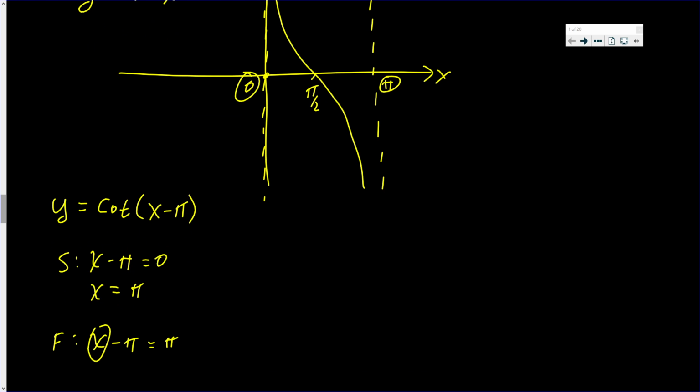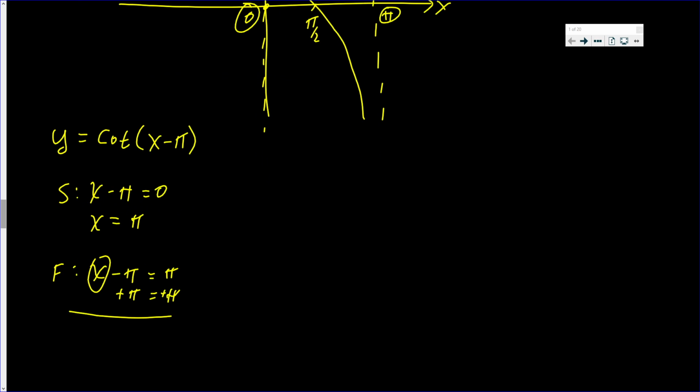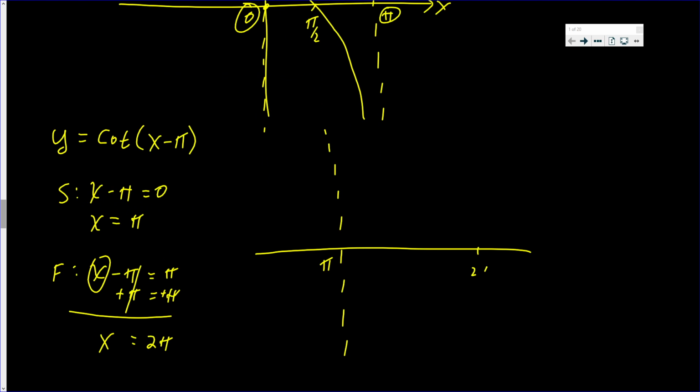Well, 2 pi minus pi is 0. Or, if you insist, you add pi to both sides, and you will get that it finishes at 2 pi. Okay, so it starts at pi, it finishes at 2 pi.